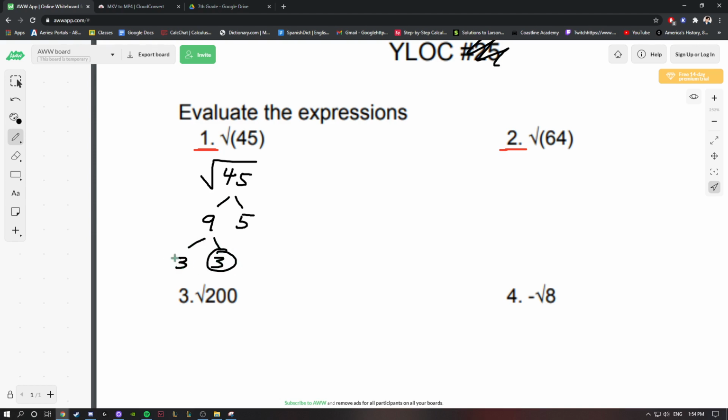And also, if you want to break it down and find pairs, we can do that as well. So, since we found a pair of 3, we put 3 on the outside, and then we're left with 5 right here. So 5 stays in the radical. So we get 3 times the square root of 5.